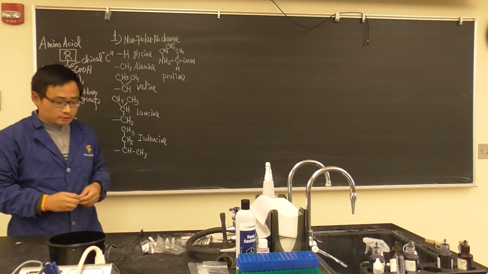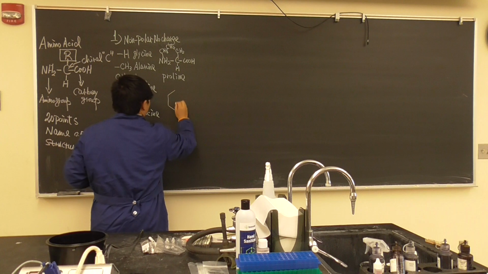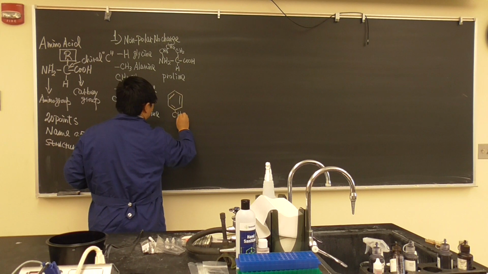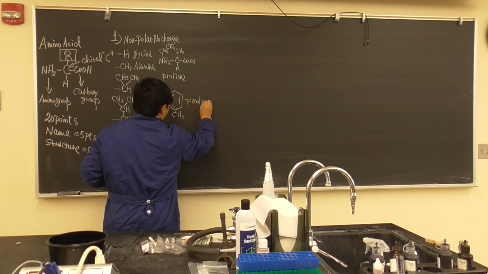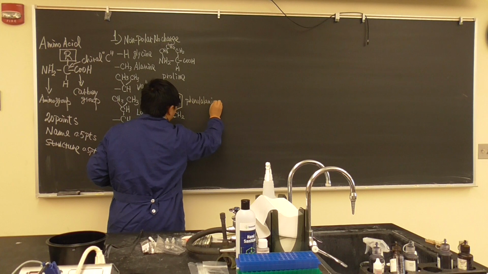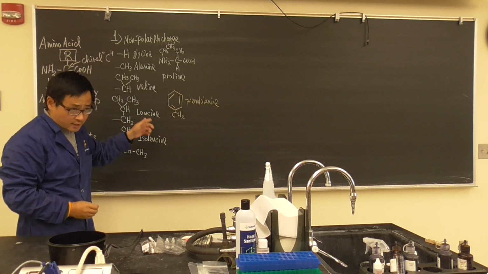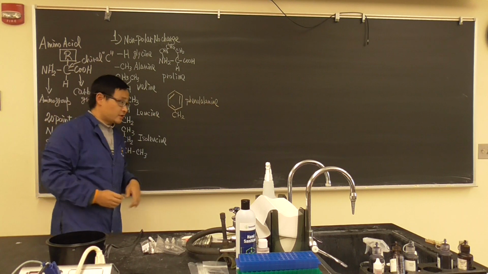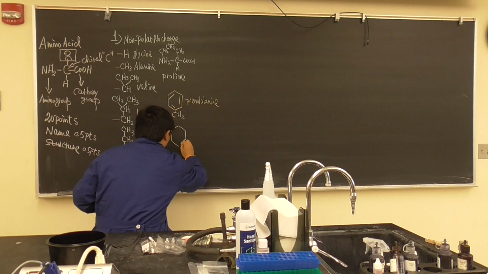Then we talk about the one in the classroom, phenylalanine. We have a phenyl group, and then CH2. That's phenylalanine. With phenylalanine, we talked about deaminase, right? Deaminase makes phenylpyruvic acid.